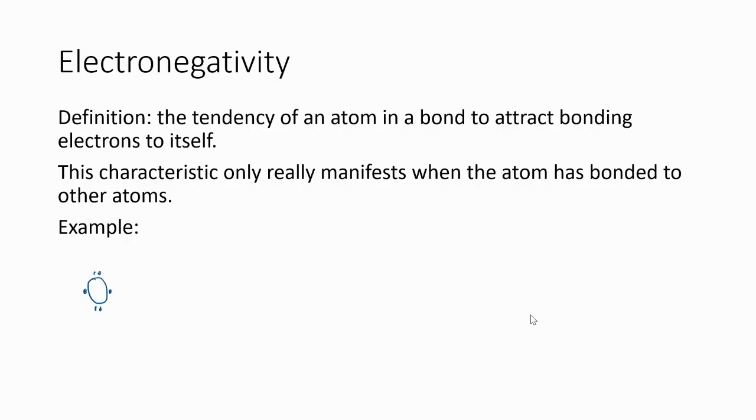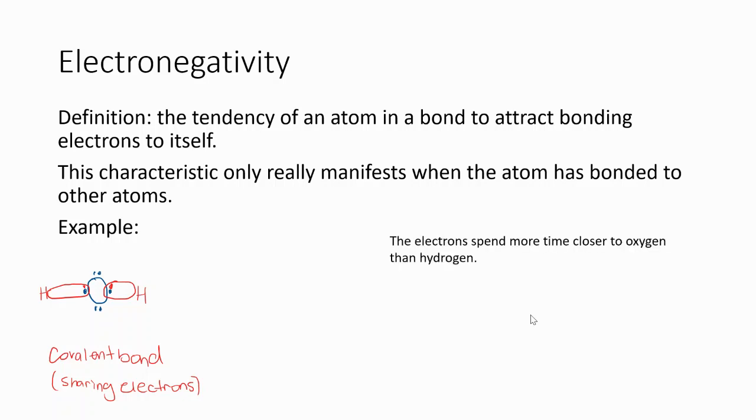Here we have a Lewis structure of an oxygen atom, and we now are going to add the Lewis structure of a couple of hydrogen atoms. This is what we call a covalent bond because these atoms are sharing electrons so that they have a full outer shell. You may recognize this as a water molecule.